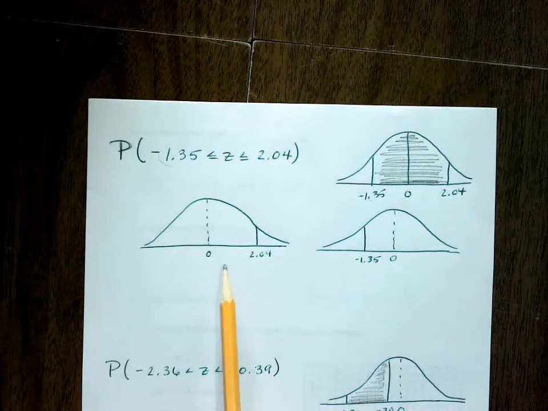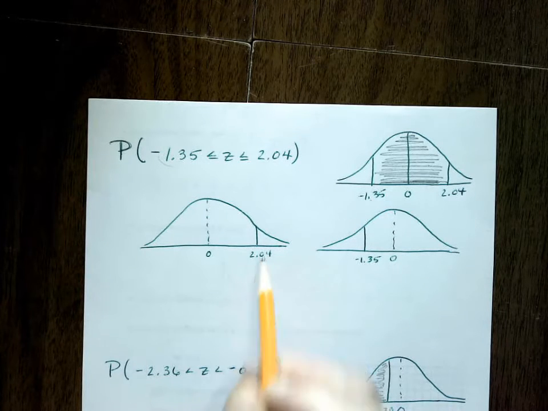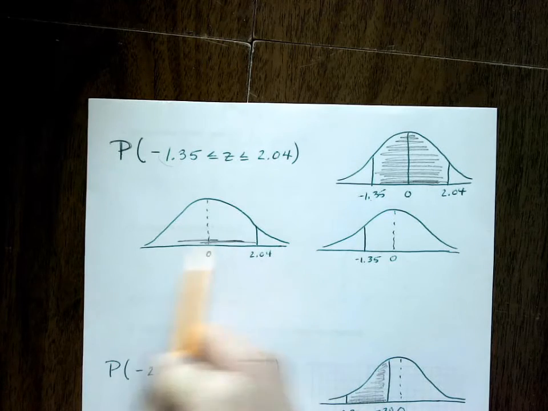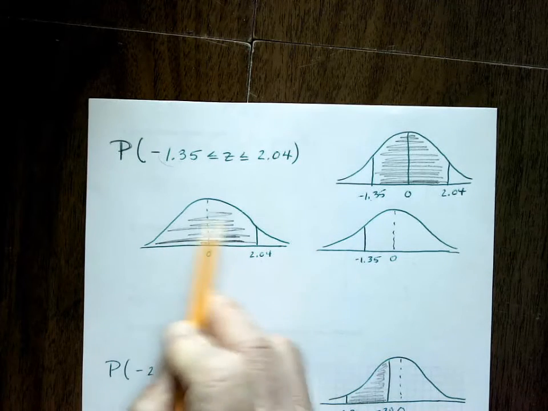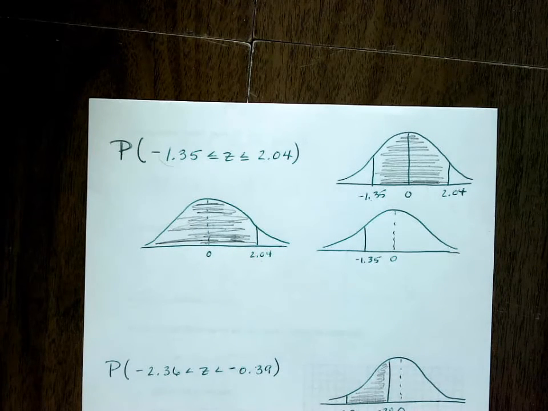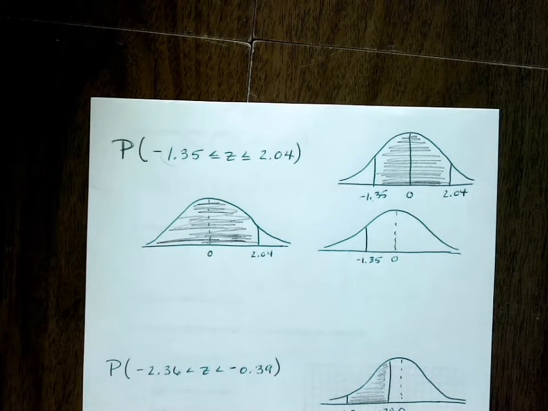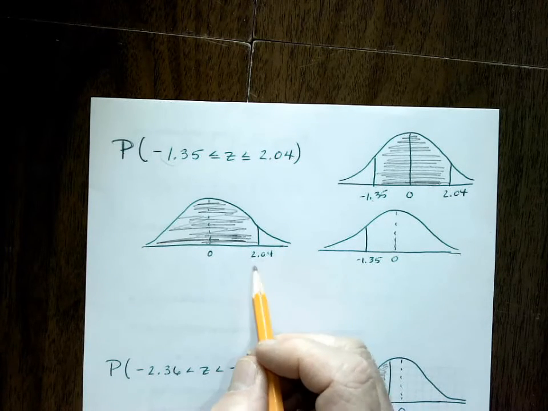Now, if I go back and think back to the previous work, I know if I look up 2.04 on my table, it will give me this area. I'm not going to show you doing that because it's more cumbersome to put the book underneath the camera, but you can look that up.